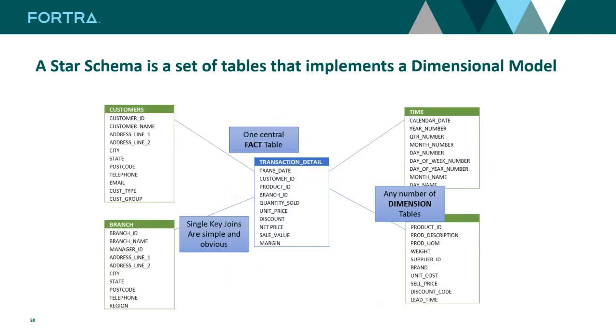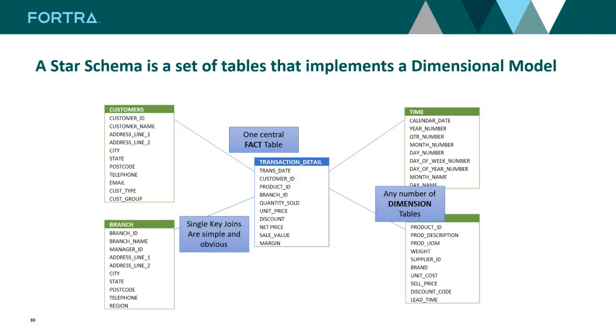We use a structure called a star schema. A star schema is a set of database tables that has one central fact table that is joined to 1 or more dimension tables. In this example, we've got customer, time, branch, and product as our dimension tables, all linking back to transaction detail, which is sales orders or invoices.